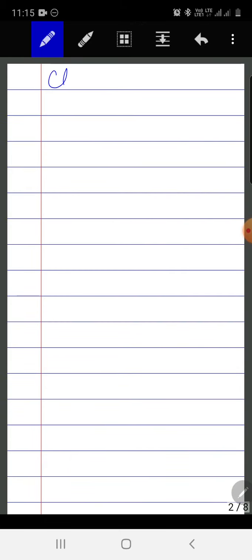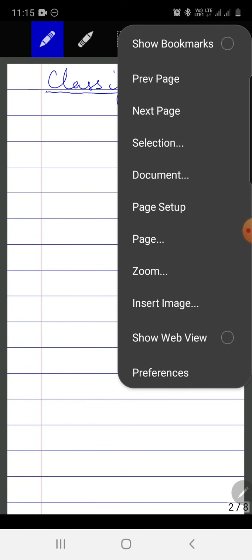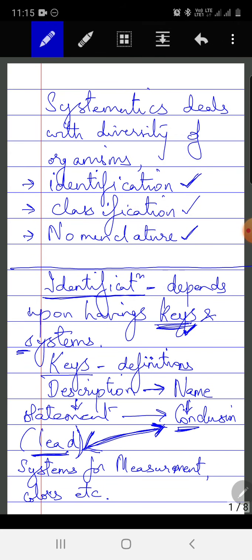Classification. First we'll understand what are these three things: identification, classification, and nomenclature. Okay, classification, just like identification, is a two-step process. Identification is a two-step process. In the first step, you created keys and systems, and then you assigned characteristics to the organisms. First you developed the system of colors, then you said something is red.